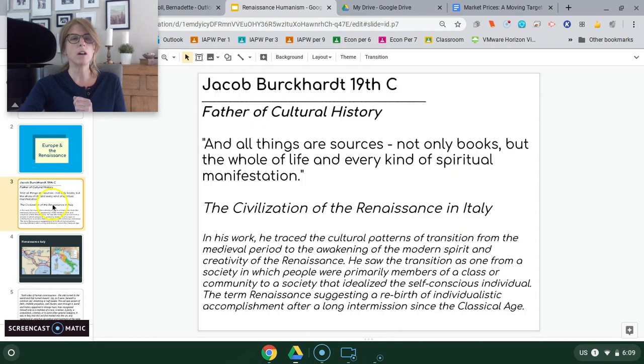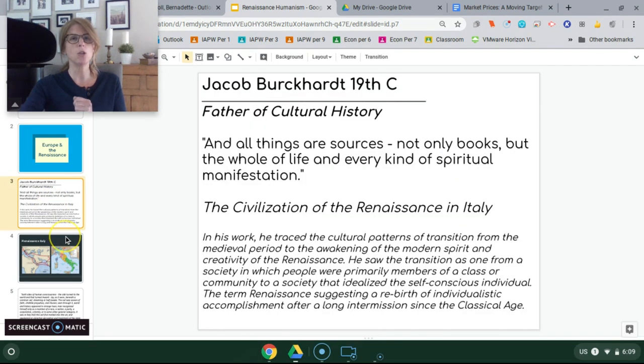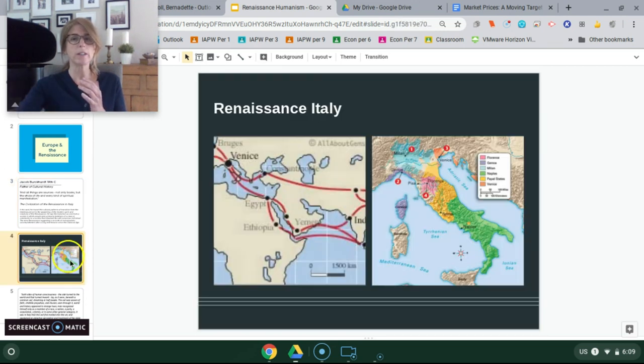There was a historian named Jacob Burckhardt who in the 19th century was studying Italy, which was, of course, at the center of this trade. Italy was divided into all of these smaller kingdoms and duchies and most often city-states, but definitely at the center of what's happening in Europe at this time period with all of this information and all of these goods coming in.